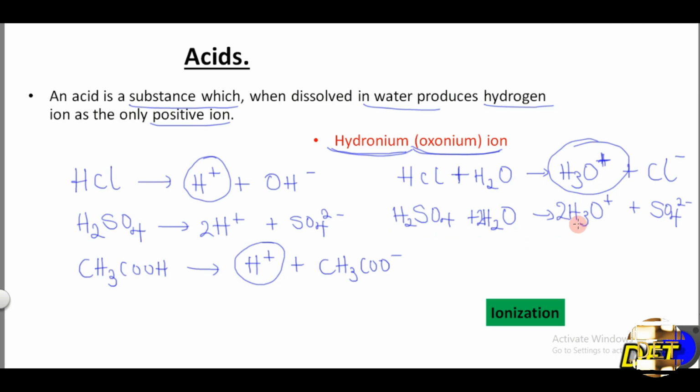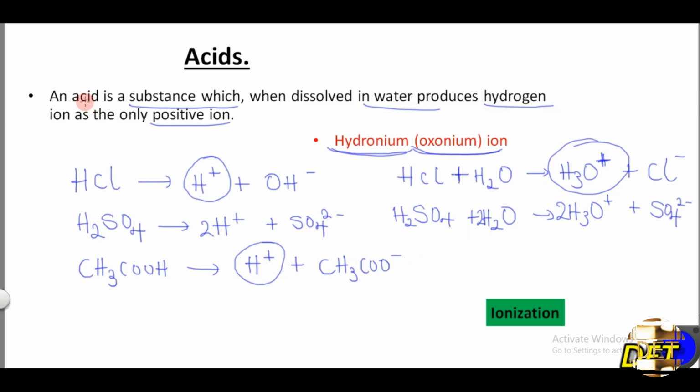I have 4 oxygen here plus 2 oxygen here, which is 6 oxygen, and 6 oxygen on the other side. 1 sulfur, 1 sulfur. So the equation is balanced.